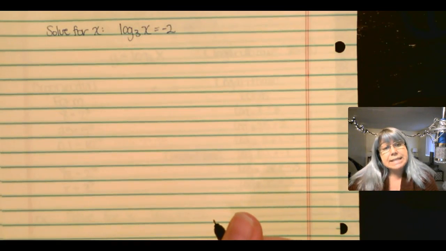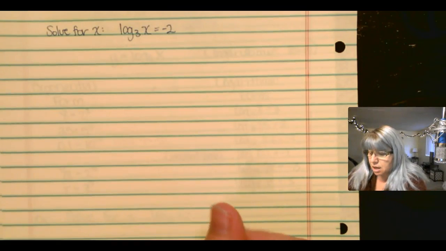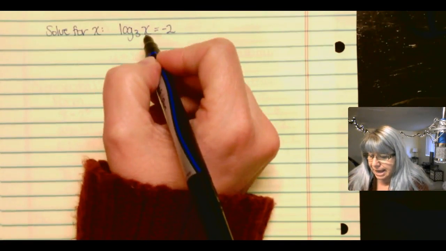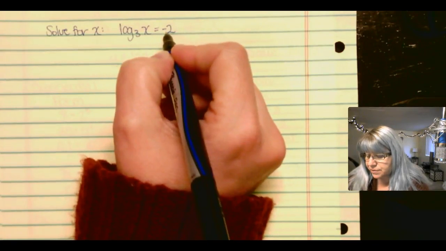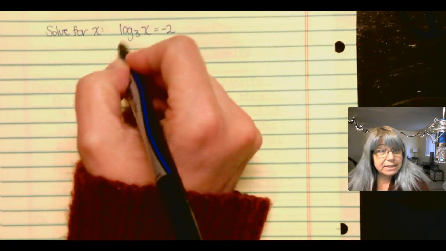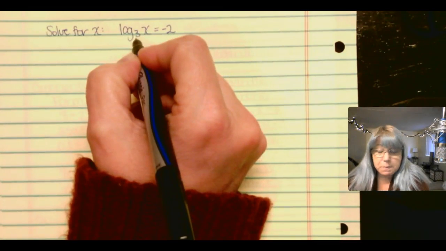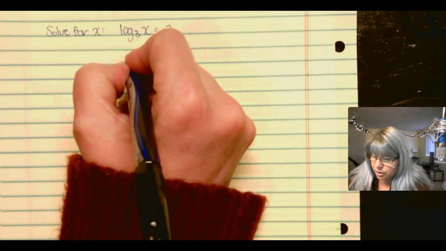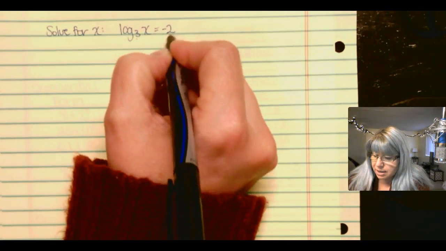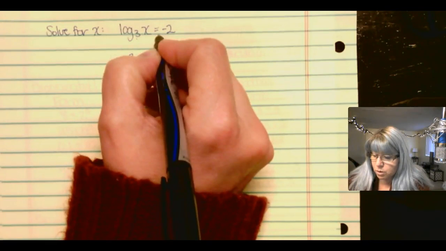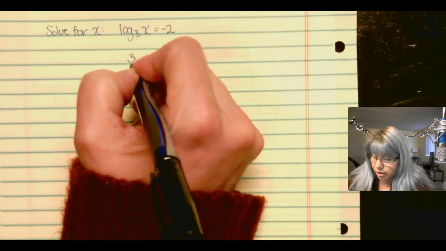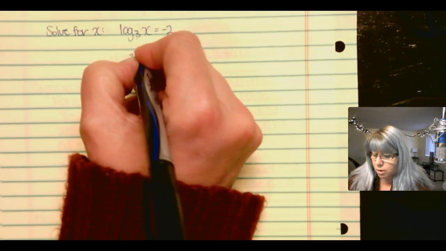All right, so let's try an example. Let's solve for x. Log base 3 of x equals negative 2. I'm going to rewrite this in exponential form, starting with the base 3. In the logarithmic form, what it equals is the power in the exponential form.